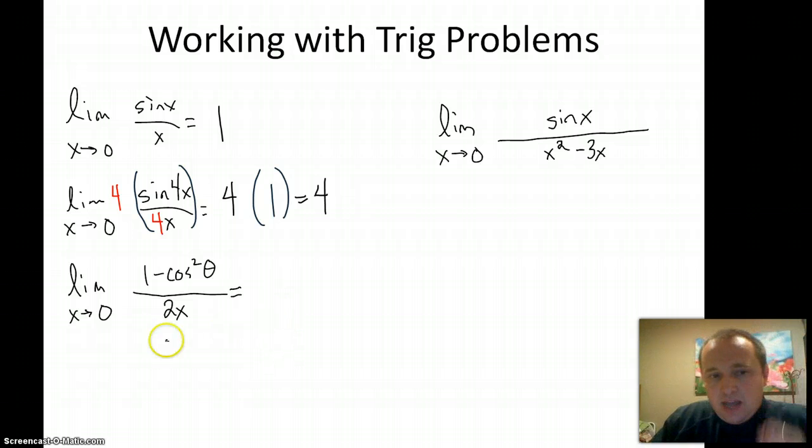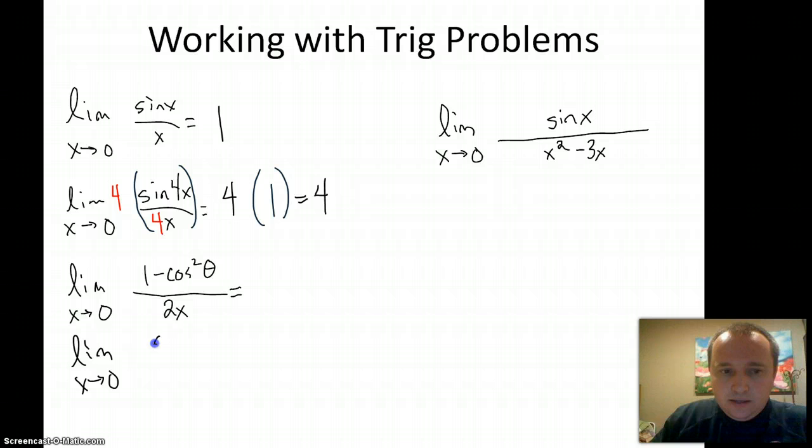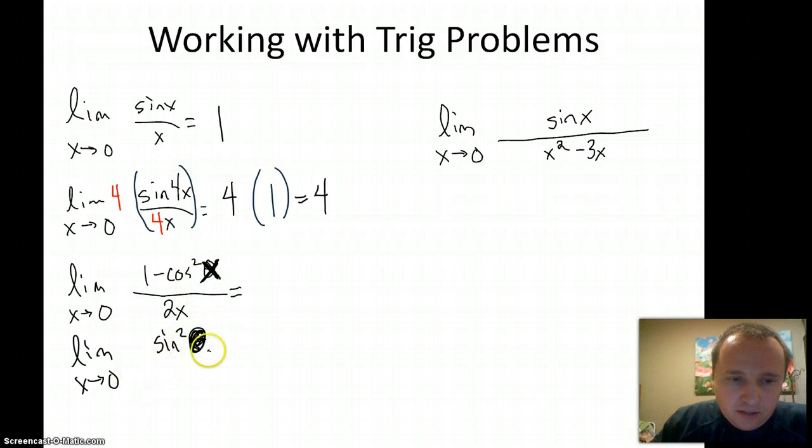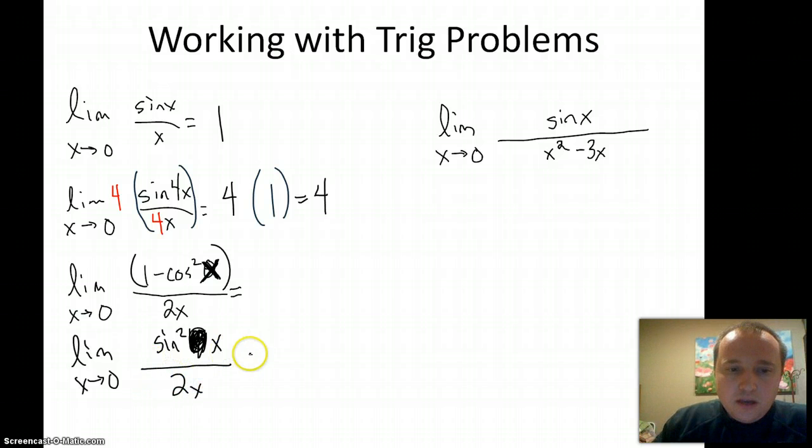Now, us calculus teachers really like to give you this one. We go, haha, sine squared x, sine squared of theta. Whoa, I'm mixing stuff here. This should be x. I'm sorry, guys. If you caught that, nice job. And so this is going to be sine squared of x, because 1 minus cosine squared of x is sine squared x. Please know that. That's really good for you. Rewrite this.